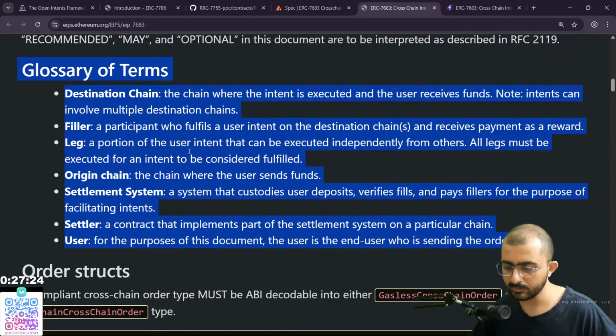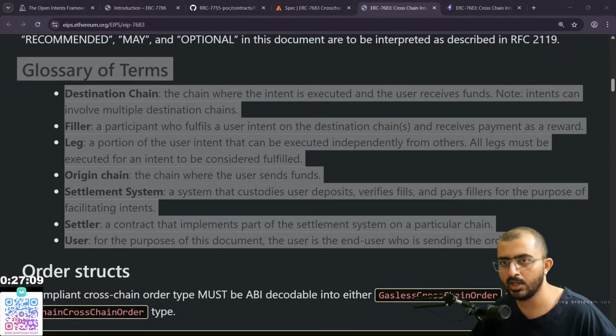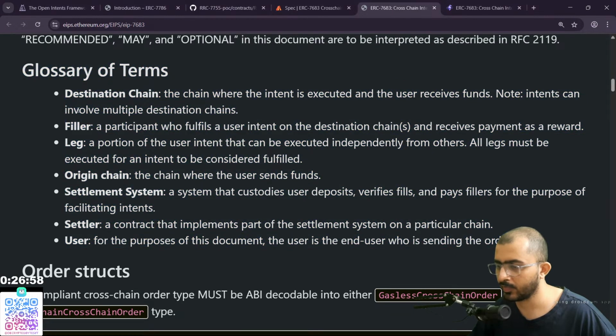Leg, a portion of a user intent that can be executed independently from others. All legs must be executed for an intent to be considered fulfilled. Okay. So if there are multiple actions, a leg is one of those actions. That's what I understand.